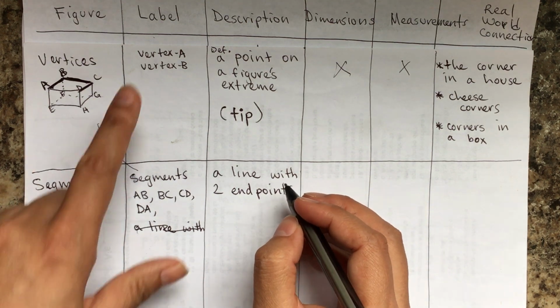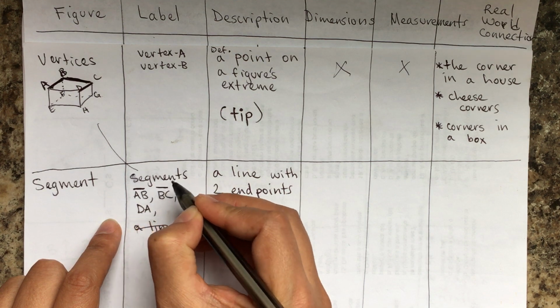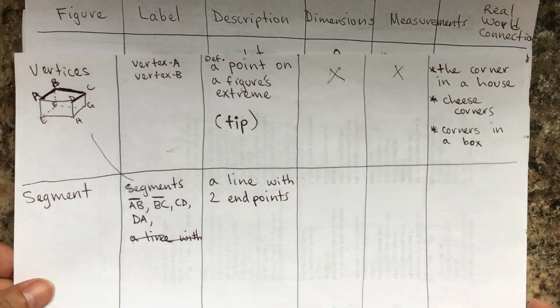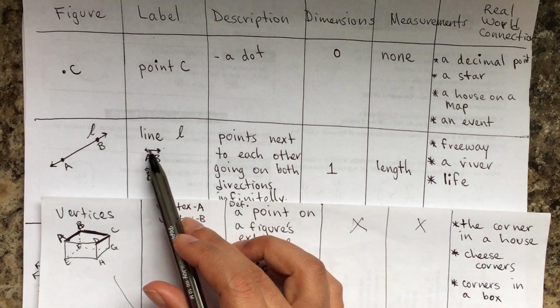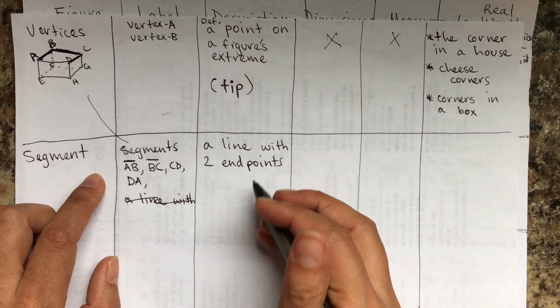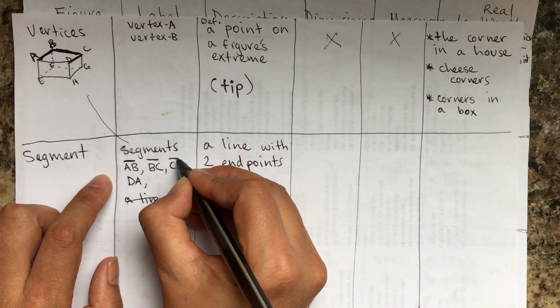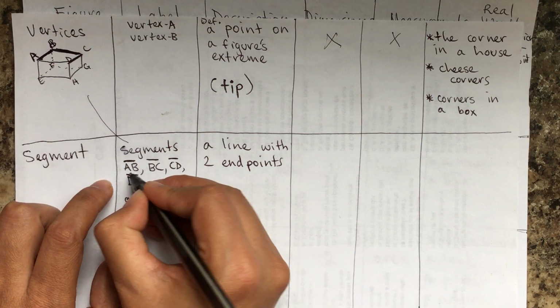And so for the symbol, you can also put a line. If you notice in the previous one, for line, you had arrows because it would go infinitely in both directions. In here, we have two endpoints, so we don't have arrows on top of this little symbol.